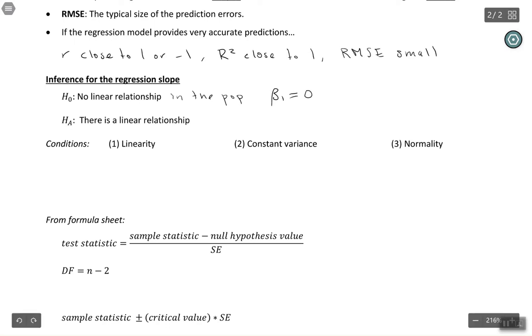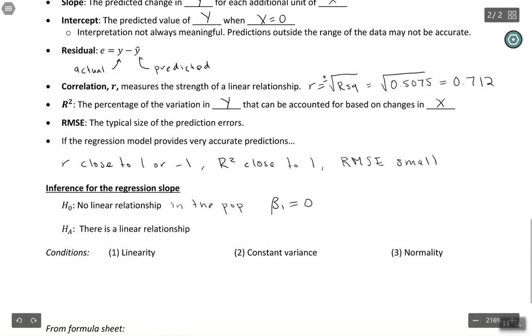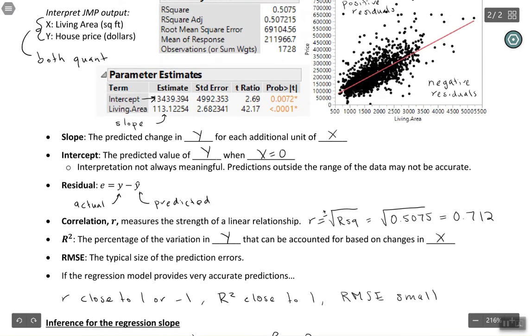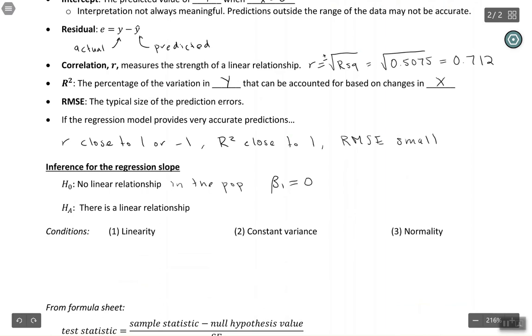So if you think about what it means to say the slope is 0, it's basically saying it doesn't matter what you plug in for x, you're going to get the same predicted value all the way across, right? And then the alternative, generally it's two-sided, that there is a linear relationship in the population. We would write this as beta 1 is not equal to 0. And I do want to point out that when we talk about JMP, JMP gives two-sided p-values by default.